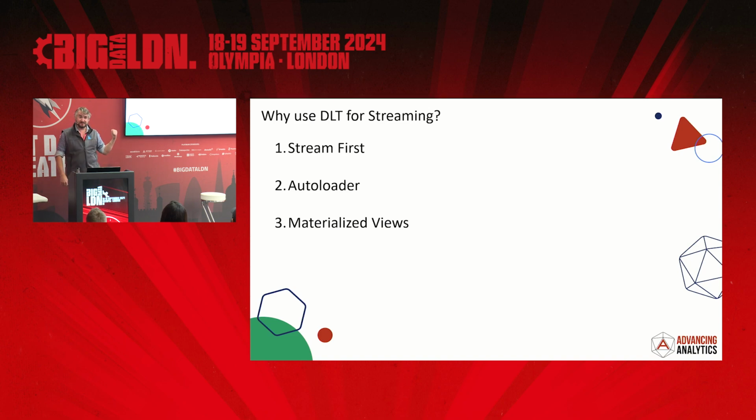That's what Autoloader is for. So we'll talk a little bit about Autoloader and how that works, and it's inside of DLT as well. And the materialized views is kind of how we do that stitching things together on the fly. Again, also exists inside DLT. So we can bring these things together to solve all of our problems.